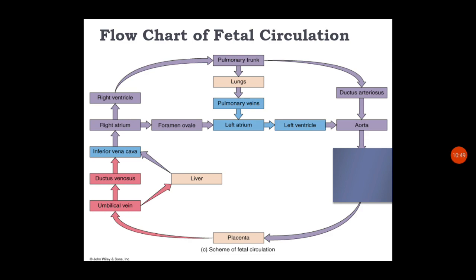Along with that, more amount of pulmonary trunk blood will be carried to the aorta with the help of the ductus arteriosus. So this amount of blood will be carried to the systemic circulation, and finally the umbilical arteries will be carrying the blood to the placenta for purification.